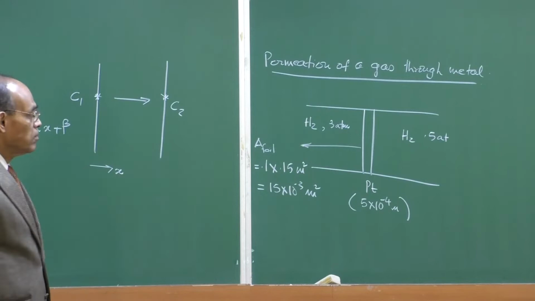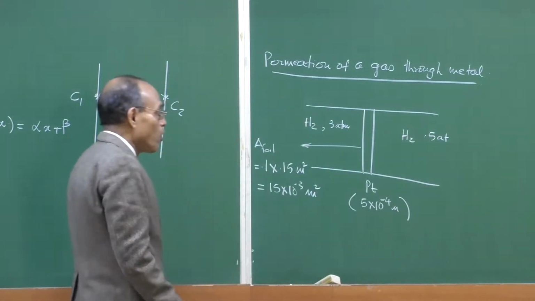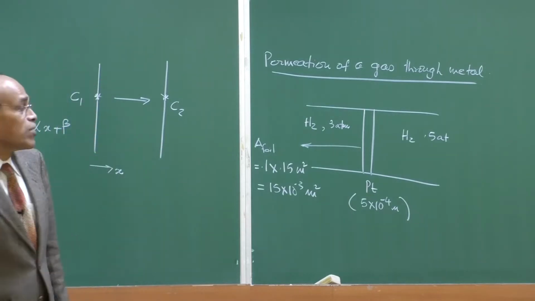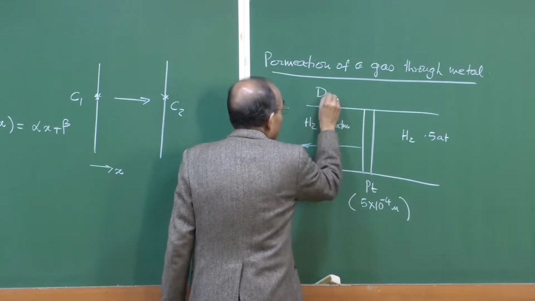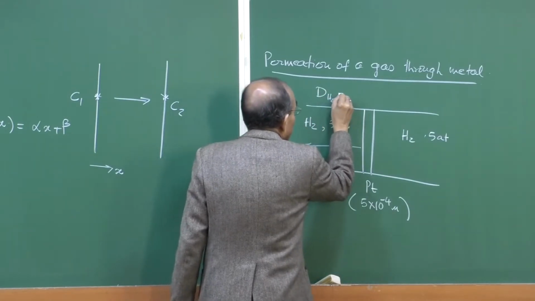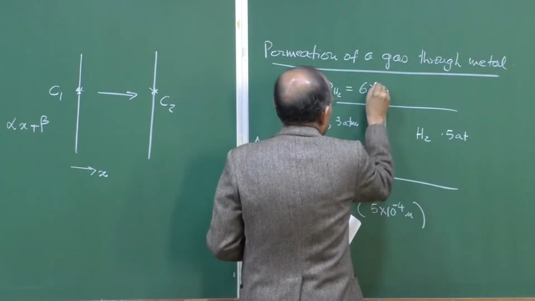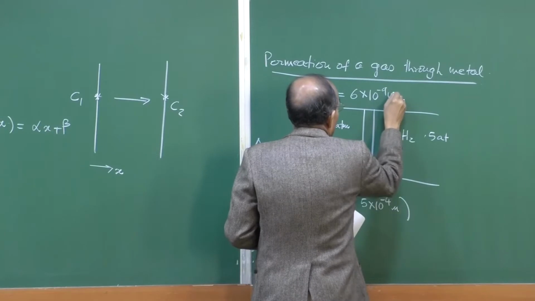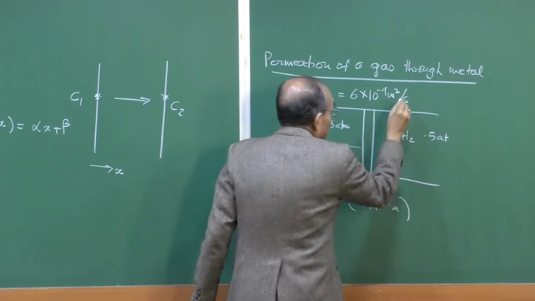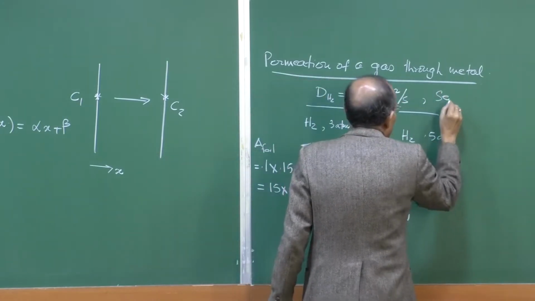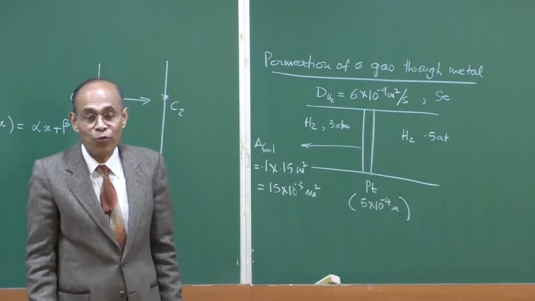And there is a natural tendency for hydrogen to permeate through the platinum foil, and we want to calculate the rate of permeation, given that the diffusion coefficient of hydrogen through platinum is 6 into 10 to the power minus 9 meter square per second, and the Sievert's law constant is also given, because hydrogen as a gas will not transport as such, that we know from our theory.